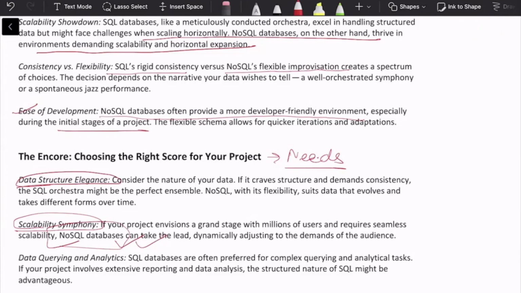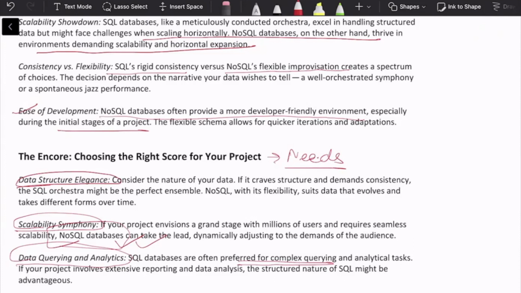The third thing which we should consider is the data querying capability. The SQL database is preferable to help you with complex queries. So that is very important. Whereas a NoSQL database can only help you query data in a partition tolerant format. That means only the partition keys, or the keys which are made as a primary key or partition key, can be queried.